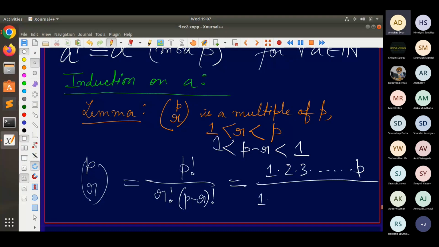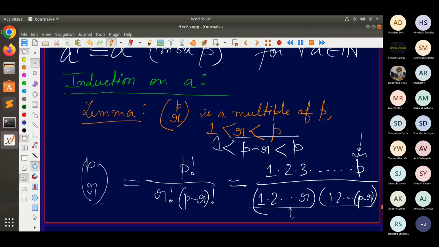This thing is 1 into 2 into 3 up to r, and this thing is 1 into 2 up to p minus r. So in this numerator there is this factor p, but in the denominator neither of these two terms contains a factor of p, because r is less than p and p minus r is also less than p.